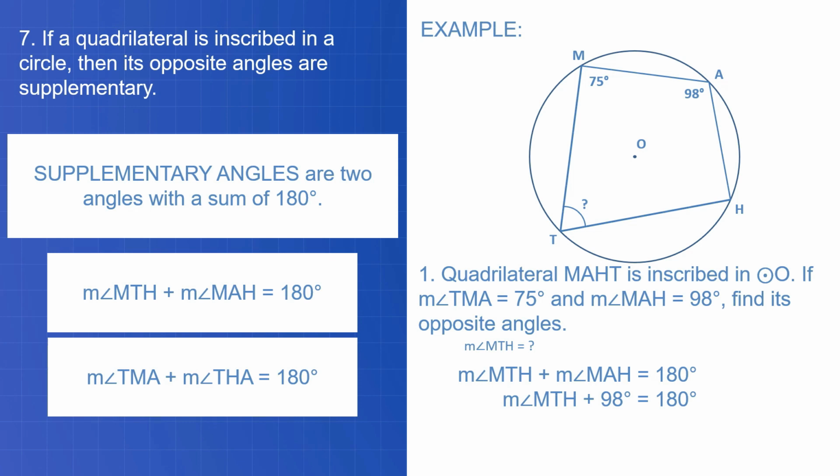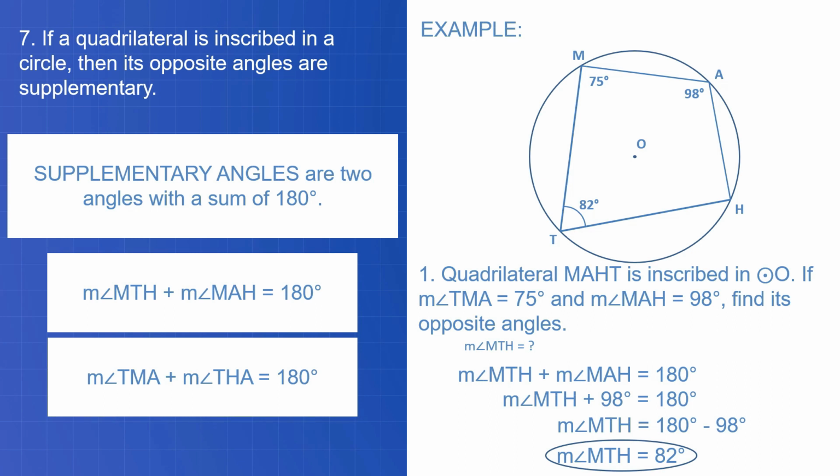Then, use subtraction property of equality. We will have the measure of angle MTH equals 180 degrees minus 98 degrees. Simplify to find the measure of angle MTH, which is equal to 82 degrees.